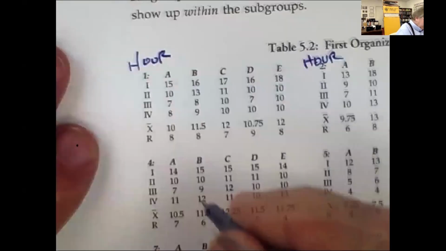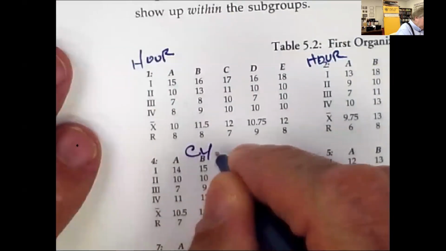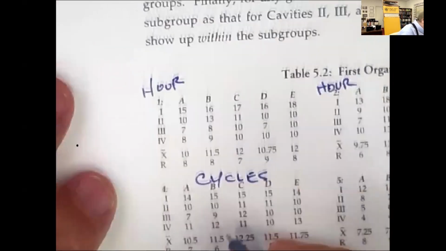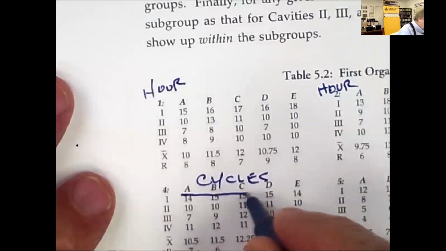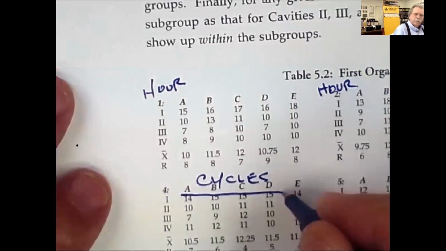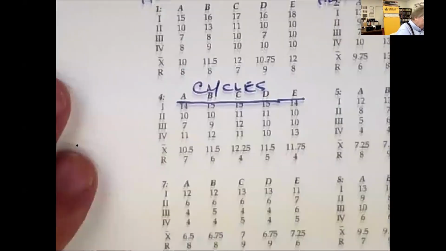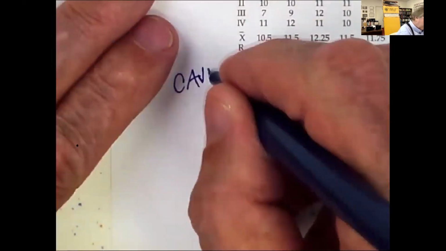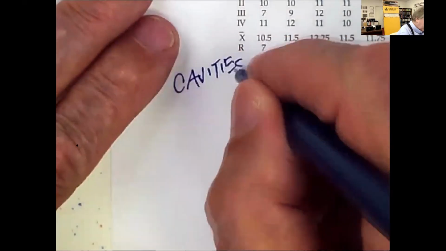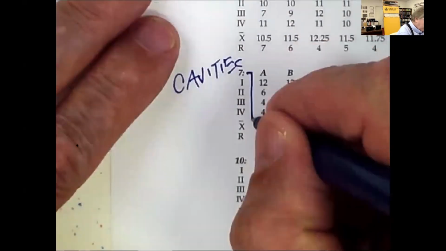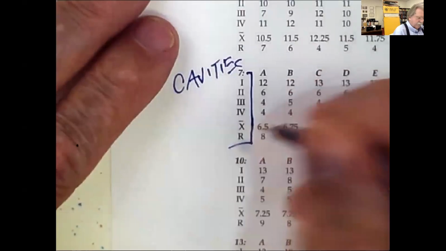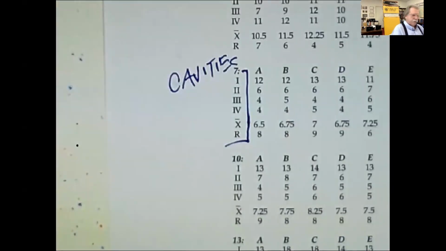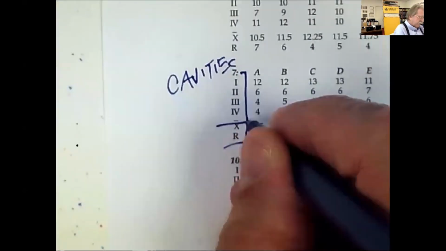We have cycles, A, B, C, D, E. And we have cavities, one, two, three, four. Stop before I get to the average.